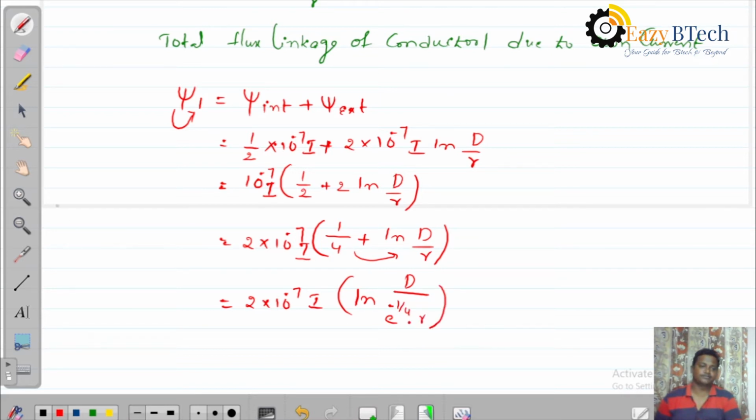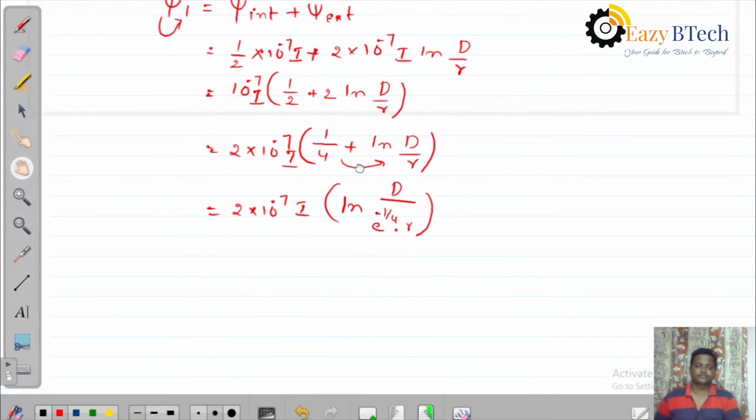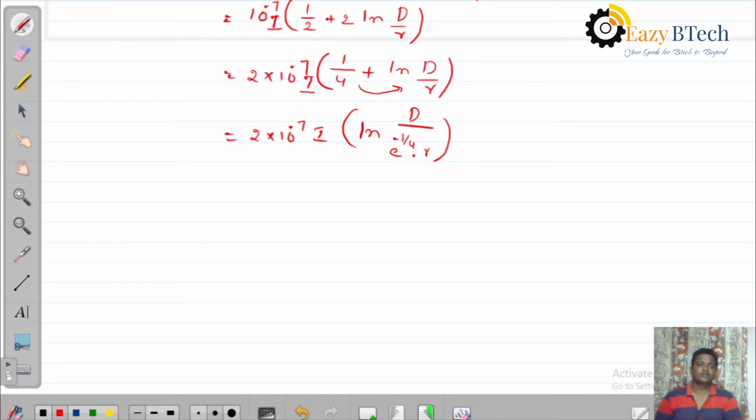Then finally, it is 2 into 10 power minus 7 into I ln d by r dash, where r dash is the effective radius of the conductor.